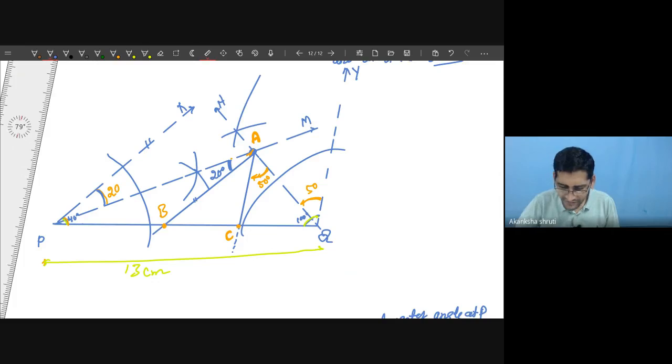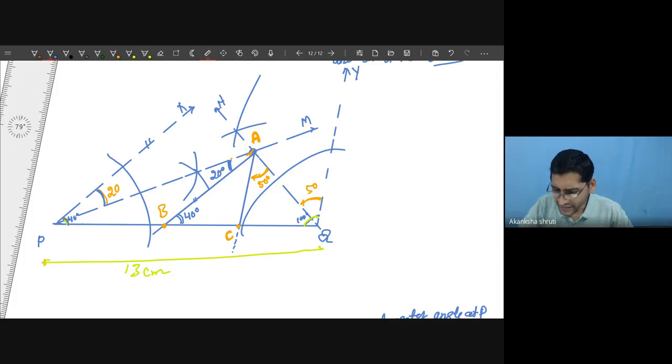This we have learned. So because of that, whatever this 40 degree, the same 40 degree will be this one. So much simple. So that's why at P we have drawn the 40 degree, and B we have determined with the help of A by drawing half of the angle at A.